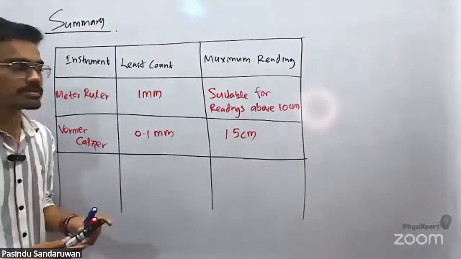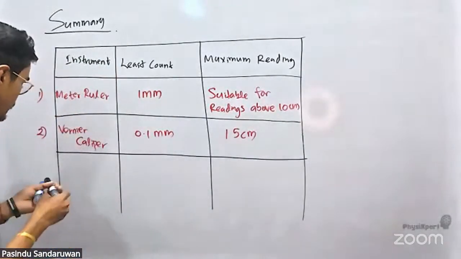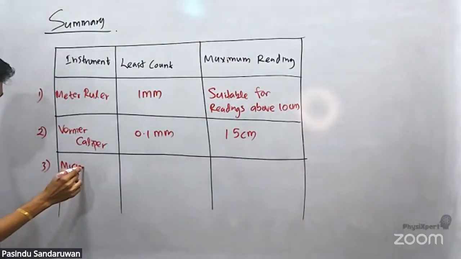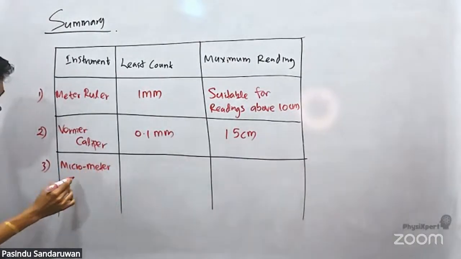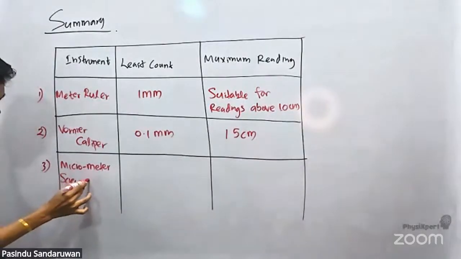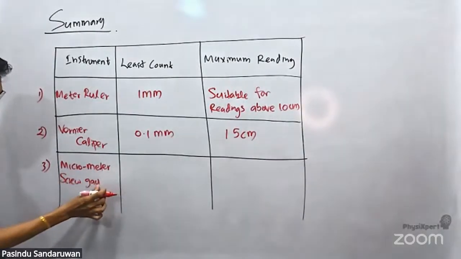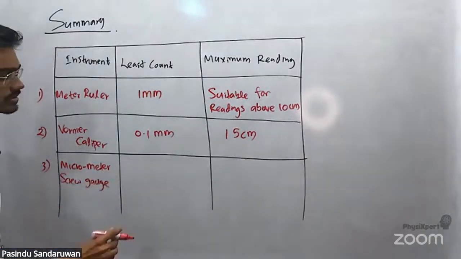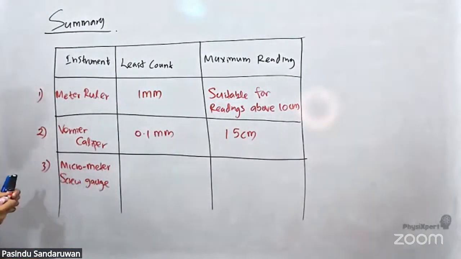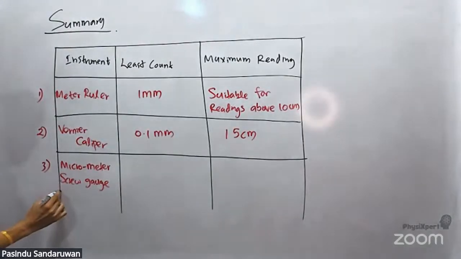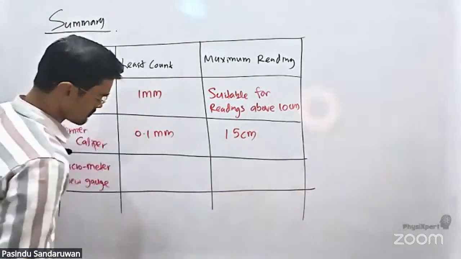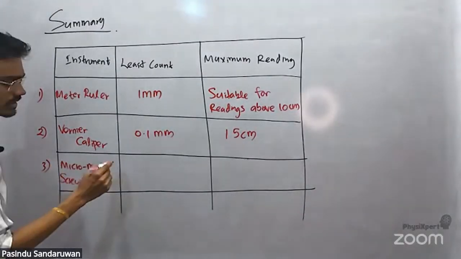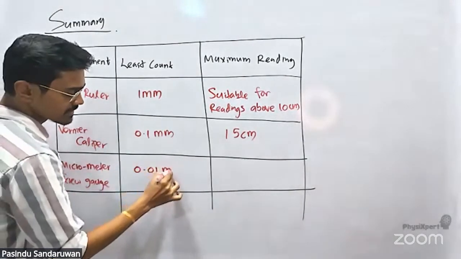Next, micrometer screw gauge. Least count. Quickly. Yeah, 0.01 millimeters. Maximum reading.